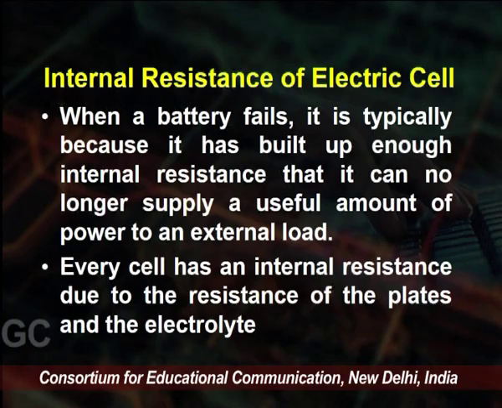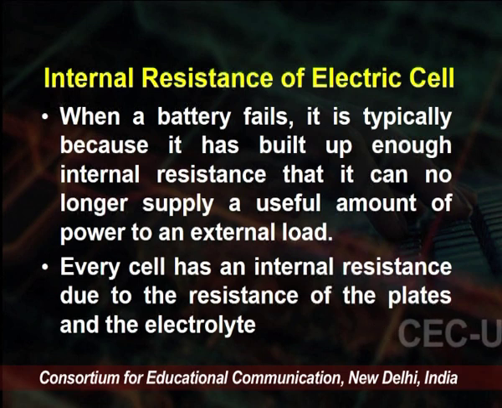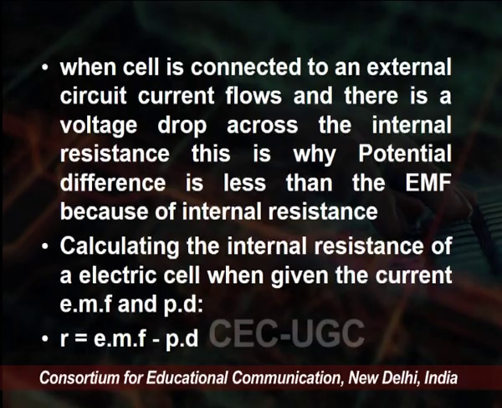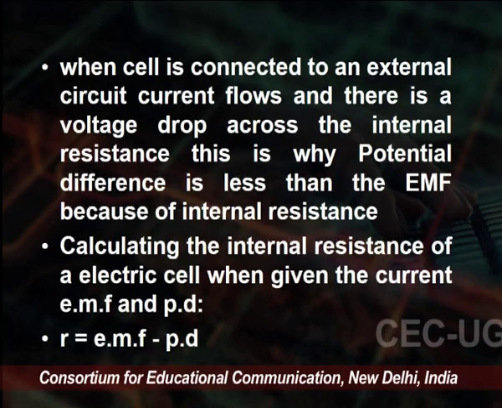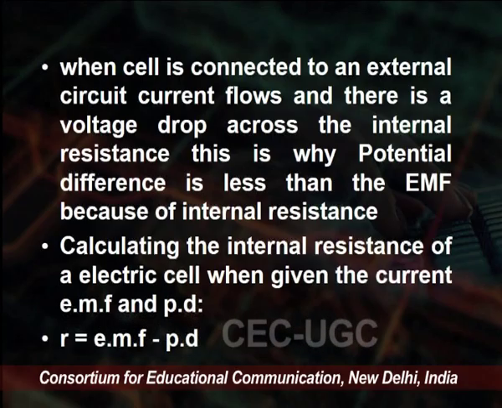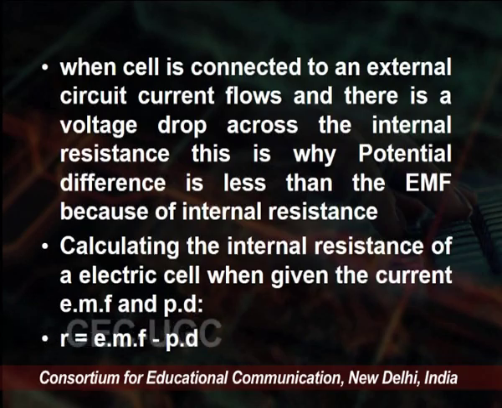Every cell has an internal resistance due to the resistance of the plates and the electrolyte inside a cell. When the cell is connected to the external circuit, current flows and there is a voltage drop across the internal resistance, and this is why the potential difference is less than the EMF.